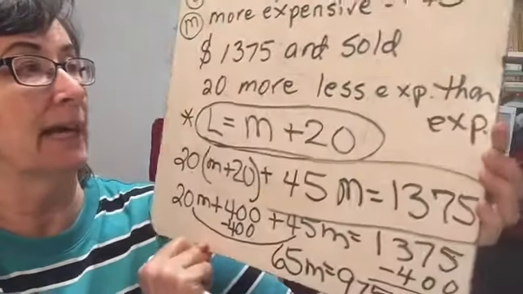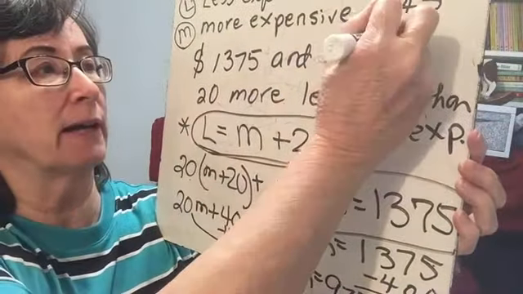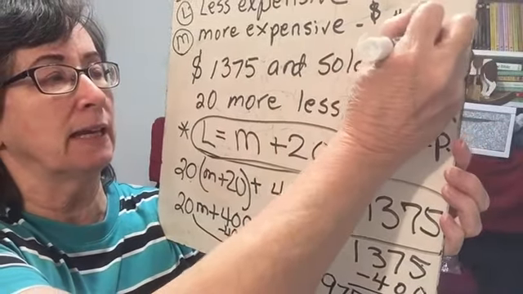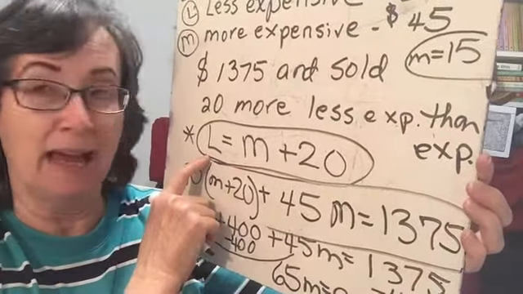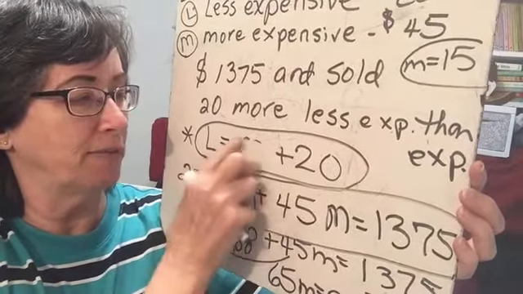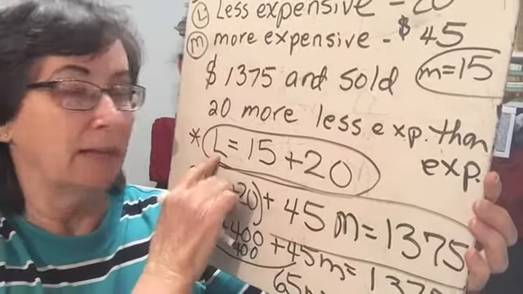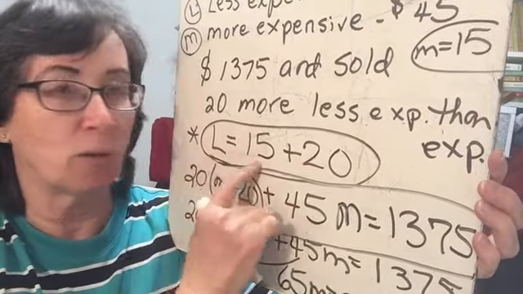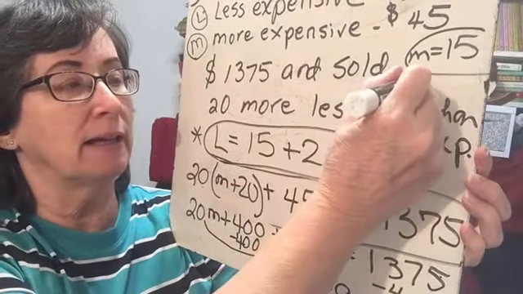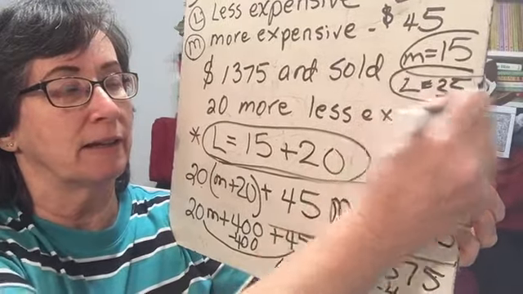So we're going to say M is 15. So we're going to come here, let's write it down, M equals 15. And then right here, to find the L, I'm going to put 15 right here for the M, and the number of less expensive dresses that were purchased were 35. So L equals 35 dresses.